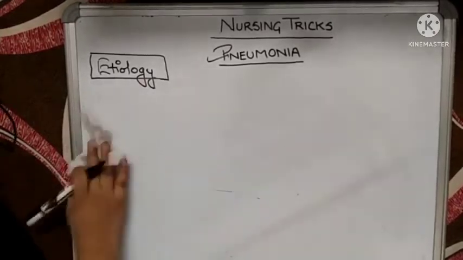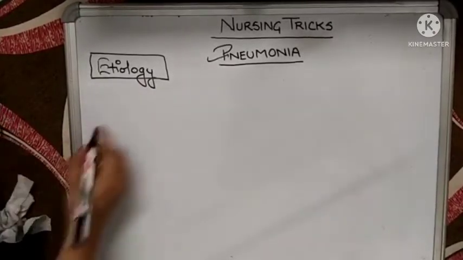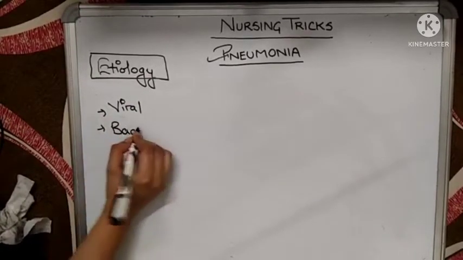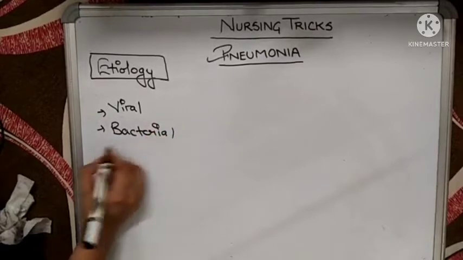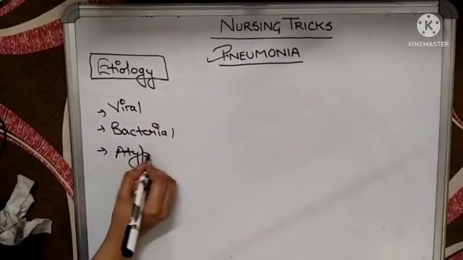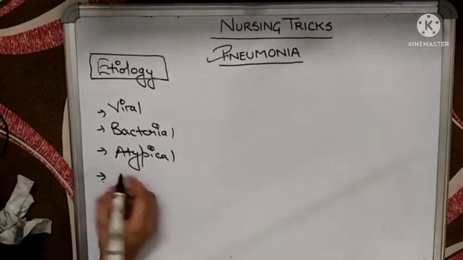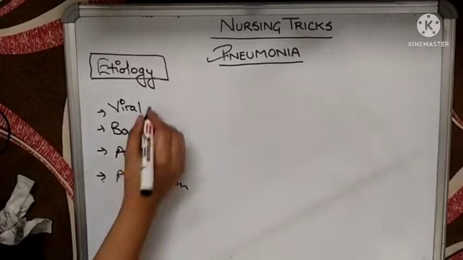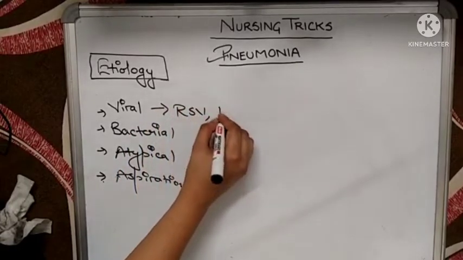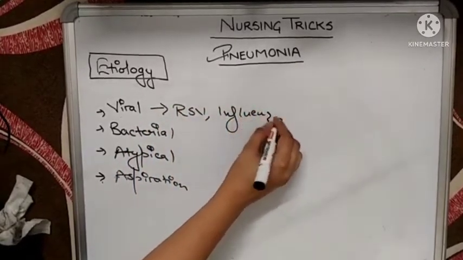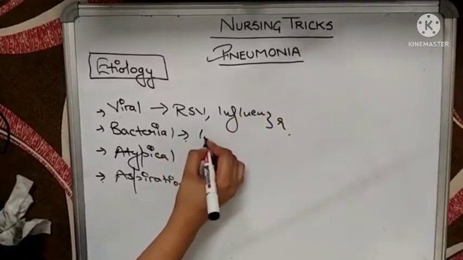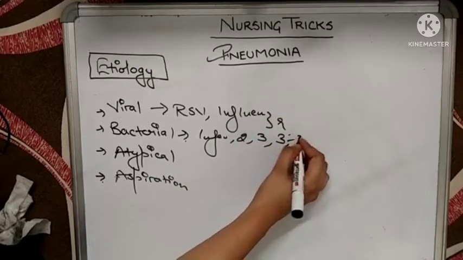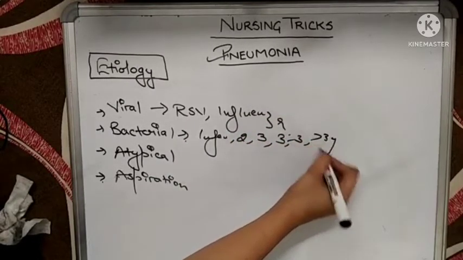Just to revise, we have seen the viral pneumonia, the bacterial pneumonia, the atypical one, and lastly the aspiration pneumonia. In the viral we have seen RSV and influenza, and in the bacterial we have seen the infancy, 2 months, 3 months, then 3 months to 3 years, and more than 3 years.